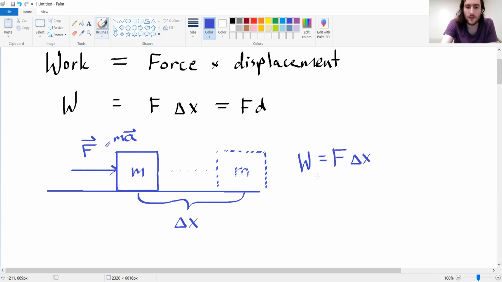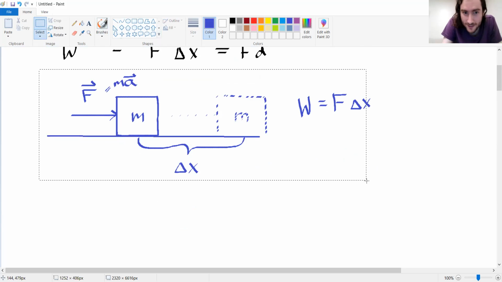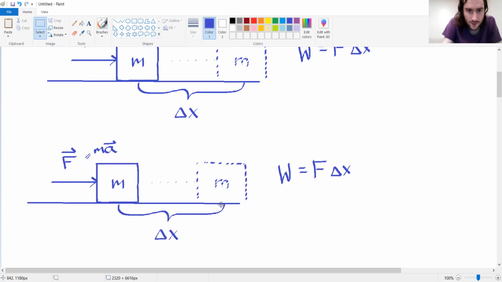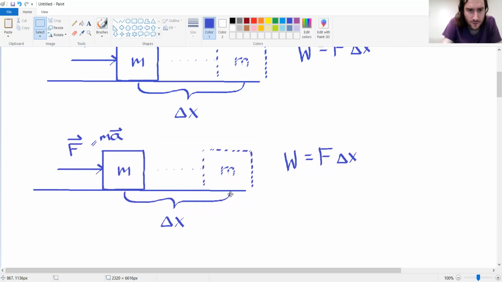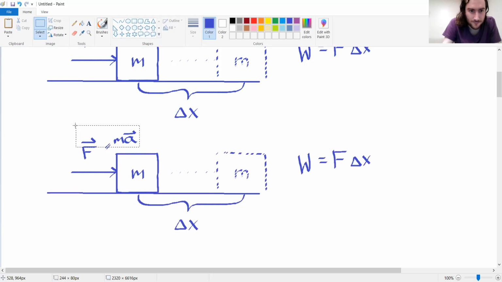Suppose now that we have a similar scenario here, and I'm actually going to cheat here and copy paste. Suppose now we have a similar scenario, but let's modify slightly.